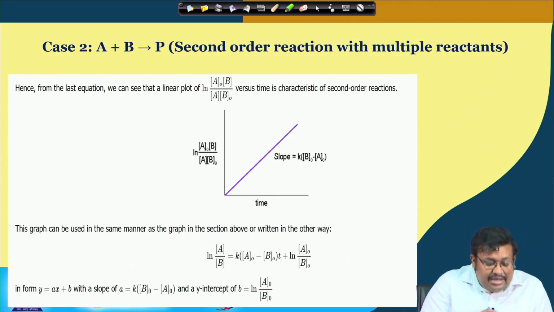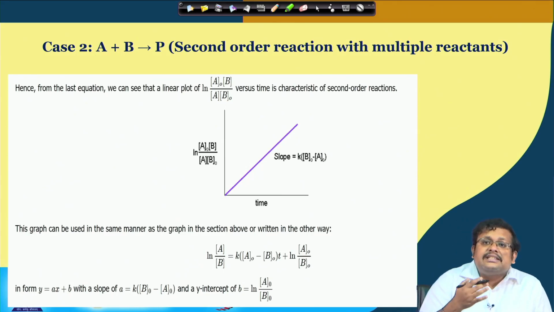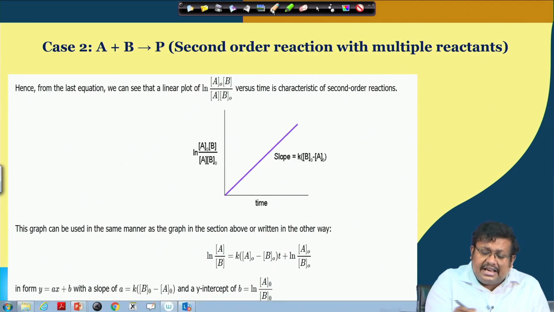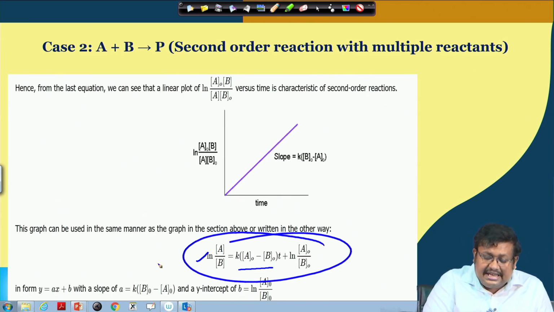This graph can be used in the same manner as the graph shown previously. Basically we can further simplify this as the logarithm of (B A0 by A B0) equal to k multiplied by (A0 minus B0) into t plus the logarithm of A0 by B0. Again you can see here it is a straight line.